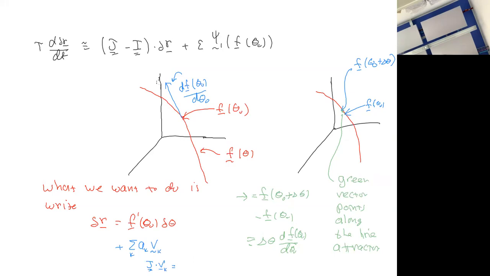I'm going to put a minus sign in here. These are eigenvectors of our linearized dynamics, the Jacobian, and the eigenvalues should all be negative or zero, because this is a fixed point.